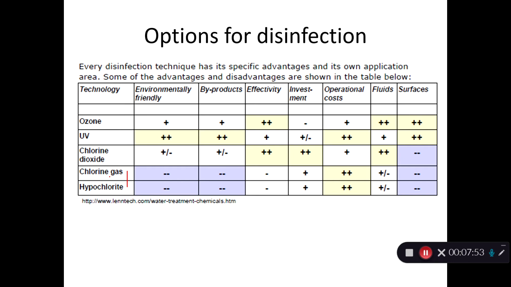You don't want that because you could have accidents, but you could also have terrorist incidents where they could blow up tanks of chlorine gas and kill lots and lots of people. So typically we prefer to use hypochlorite. There are also ways that you can generate chlorine on site basically using electricity. But they still remain some of the more popular ways of disinfecting drinking water.